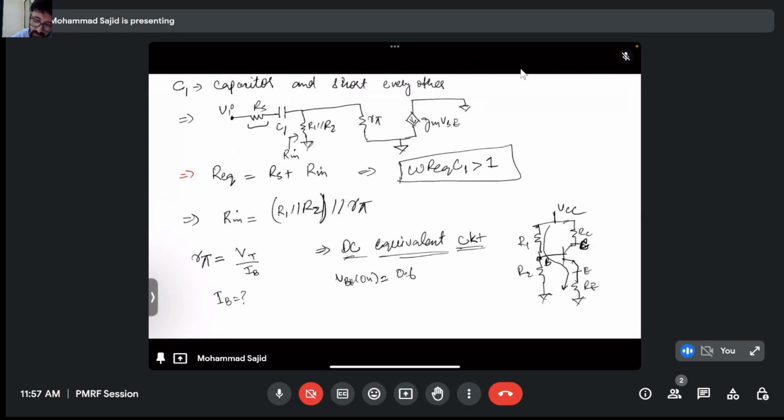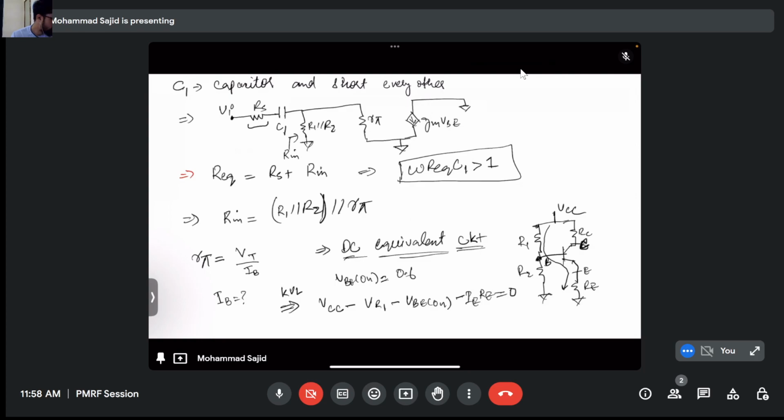VCC, let's say this is a voltage drop of VR1, we get VCC minus VR1 minus VBE on minus IE RE equal to 0, right?